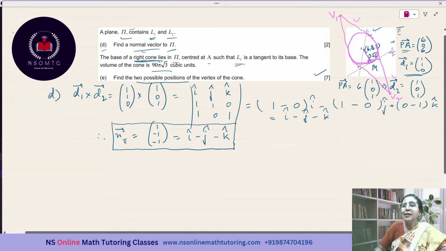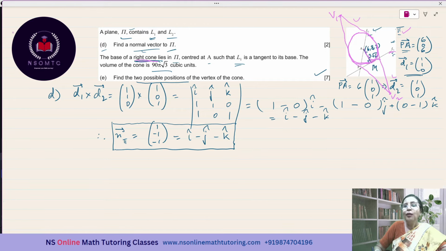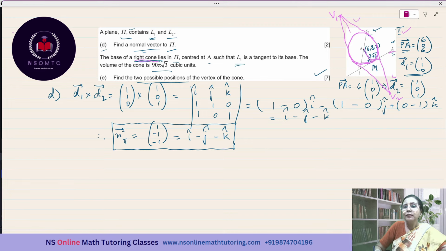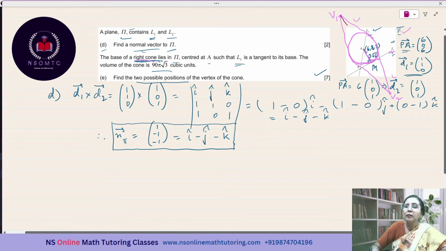The base is of course on this plane pi, and because it is a right cone, the height will be perpendicular to the plane pi. Let me take another color. If this is the height, then this line will be perpendicular to the plane pi.